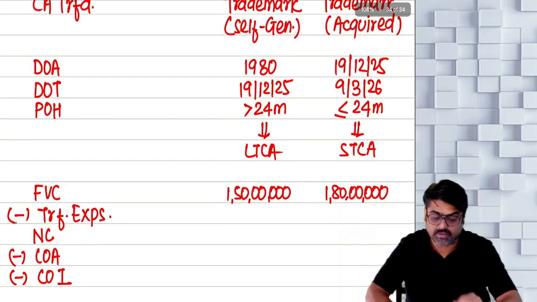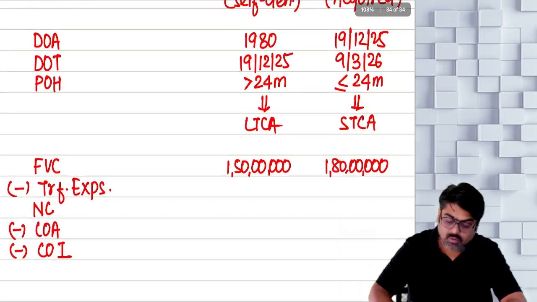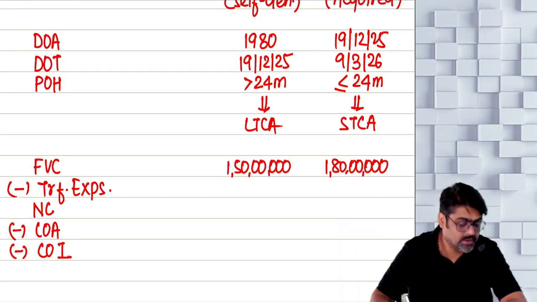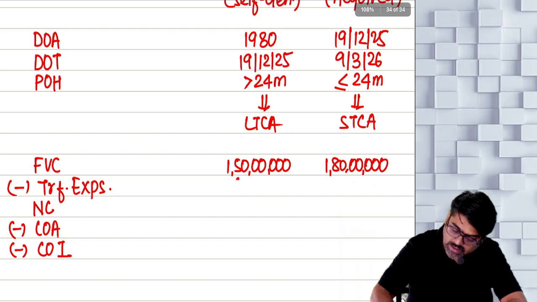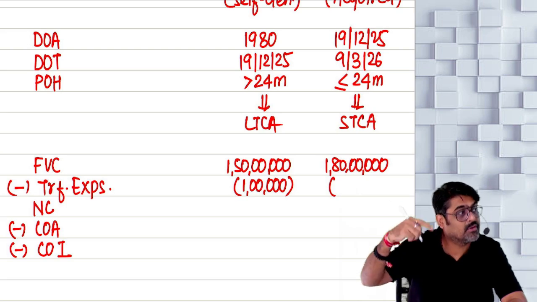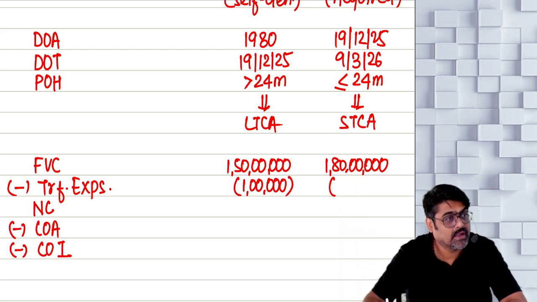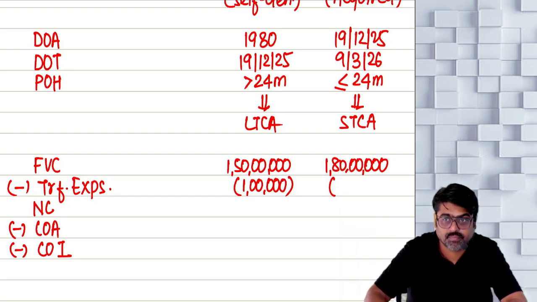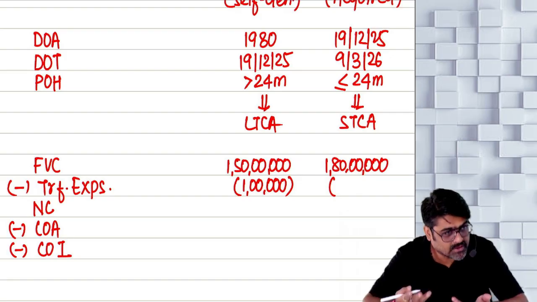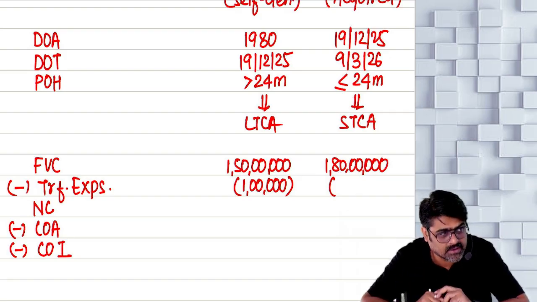What is the transfer expense in the hands of Mehta? How come 1 lakh? It was 2 lakh, no? But half was equally shared, no? So 1 lakh here. And how much did Gopal incur? When Gopal transferred the asset to Tanmay, at that time how much did he incur?